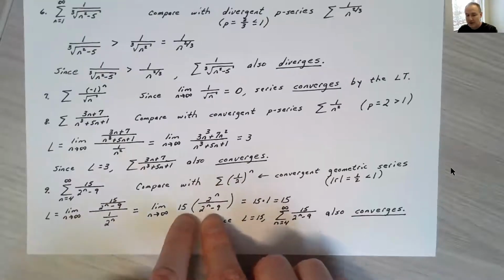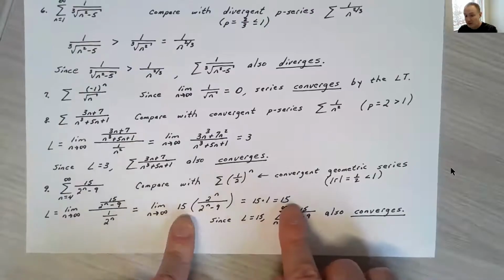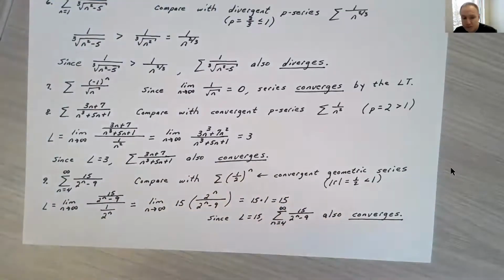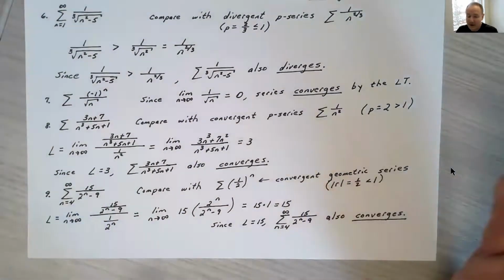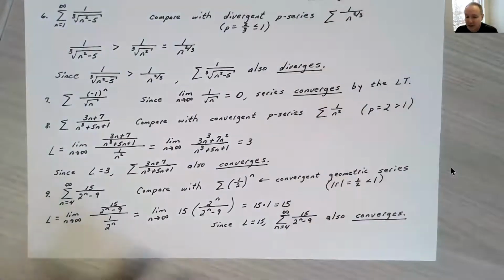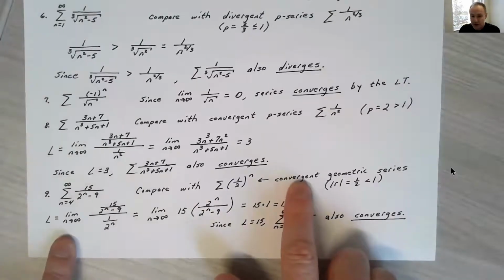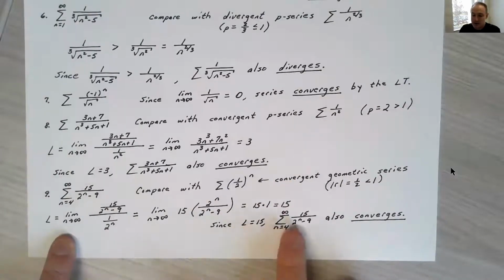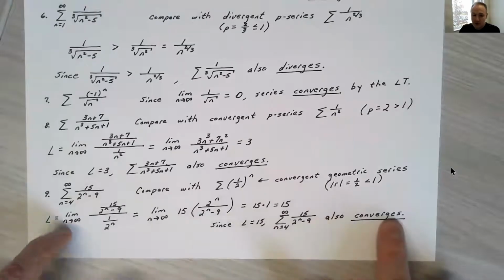We're going to have 15 times a number approaching 1. The limiting value is going to be 15. Again, since the limiting value is just a constant multiple, the convergence or divergence of our series is the same as the series we're comparing it to. I compared it with a convergent series. That means our series also converges.